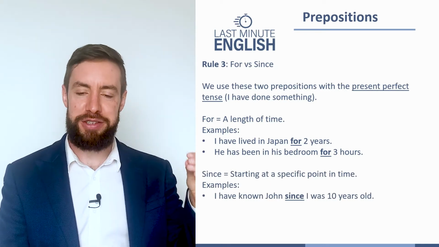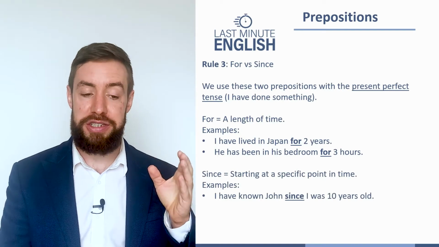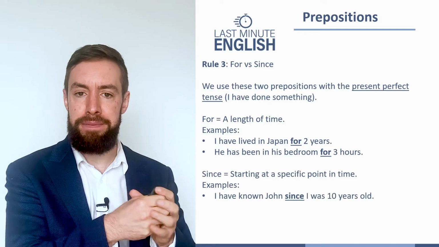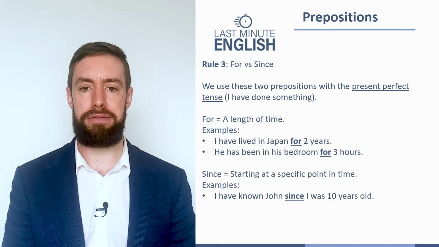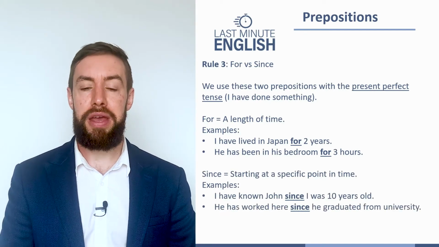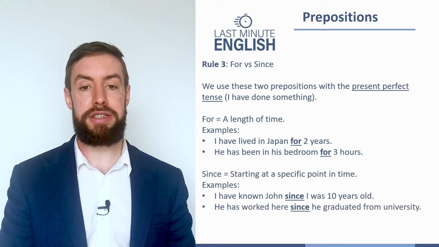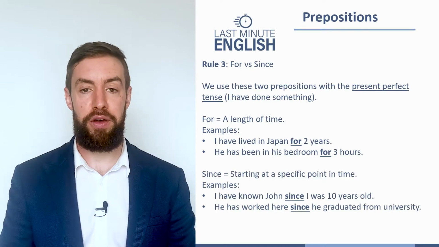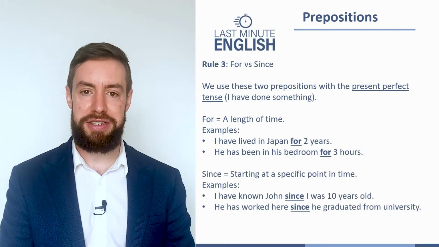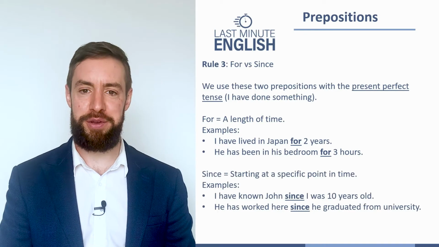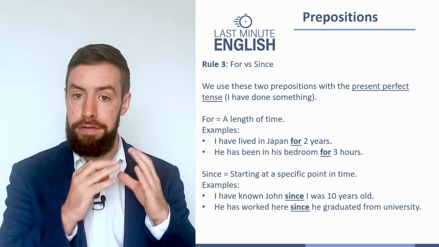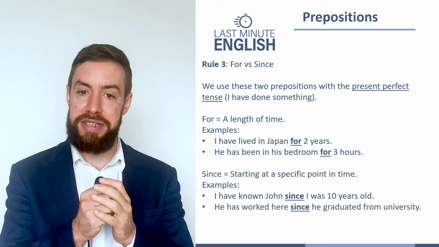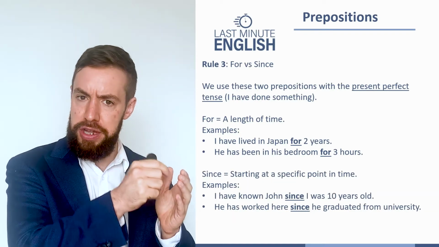So we think back to when I was 10 years old, that's when me knowing John started. I met him then, and I've known him since then, okay? Another example, he has worked there since he graduated from university. So the point in time when him working there started was when he graduated from university. So remember, for is a period of time, it's how much time, and since is when something started.